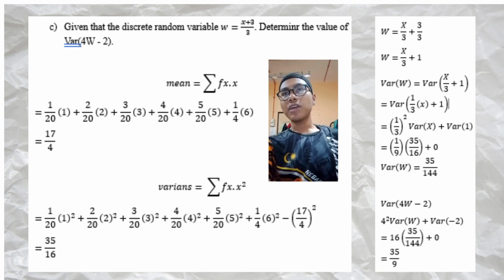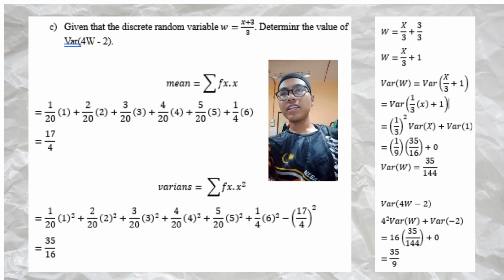So after simplifying, W is equal to X over 3 plus 1, and then we take the variance of W. So the variance of W equals the variance of X over 3 plus 1.